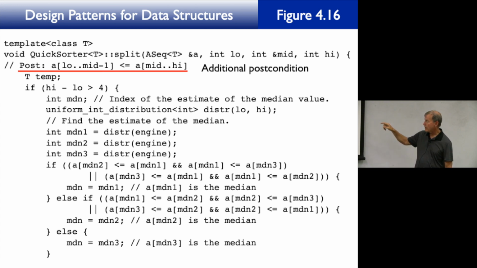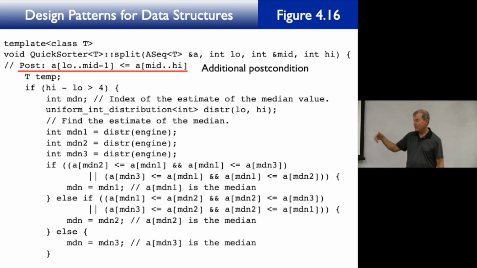Then we have one local variable called MDN, which is going to be our index of the estimate of the median value. And we have three other local variables, median1, median2, and median3. When we say int median1 gets distribution engine, that gives it a random integer between low and high. That's how we pick the random one.